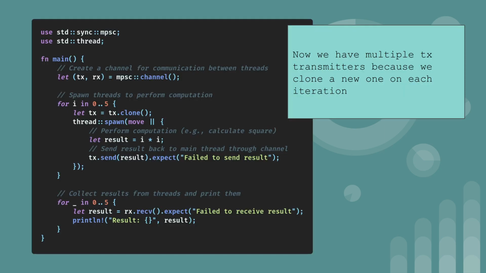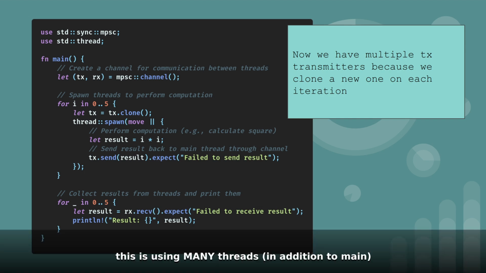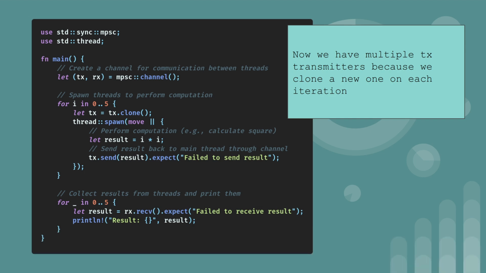So let's use multiple txs, multiple transmitters. We'll clone the transmitter within a for loop, and then we'll spawn a new thread, and each new thread will use the consecutive cloned transmitters. We're going from 0 up to 5, so that's 0, 1, 2, 3, 4.